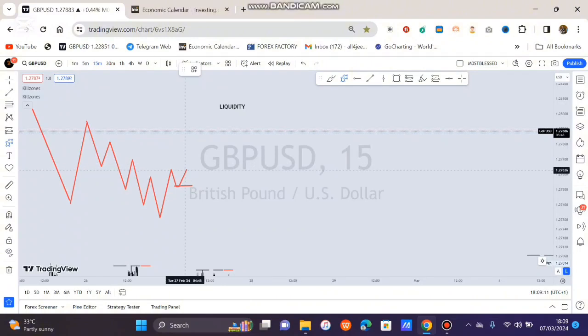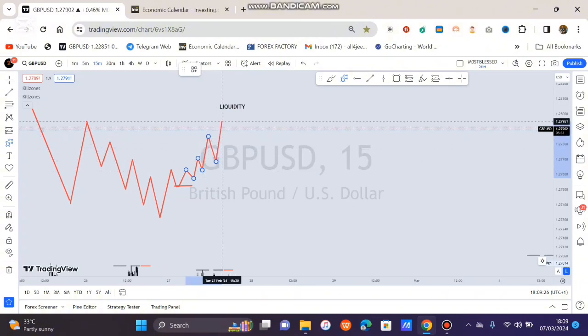After that, the market continues going up to the upside. The market broke out of the external liquidity here. So let's assume we have this.